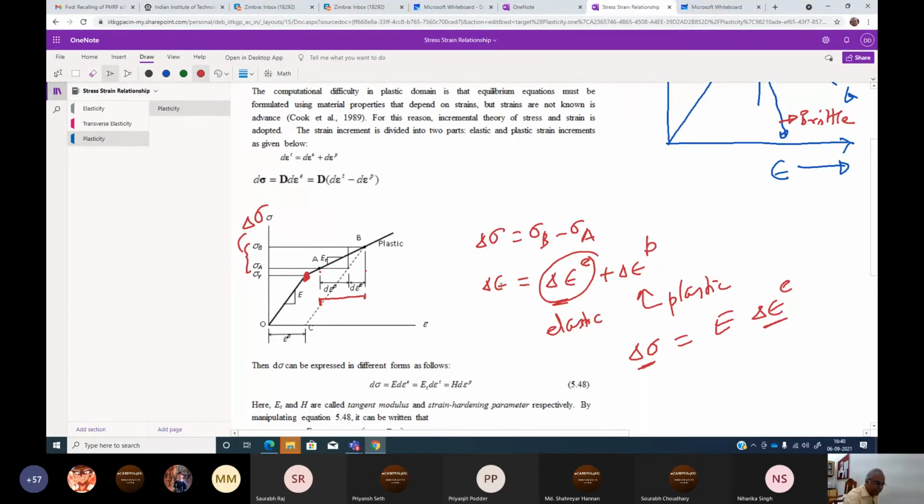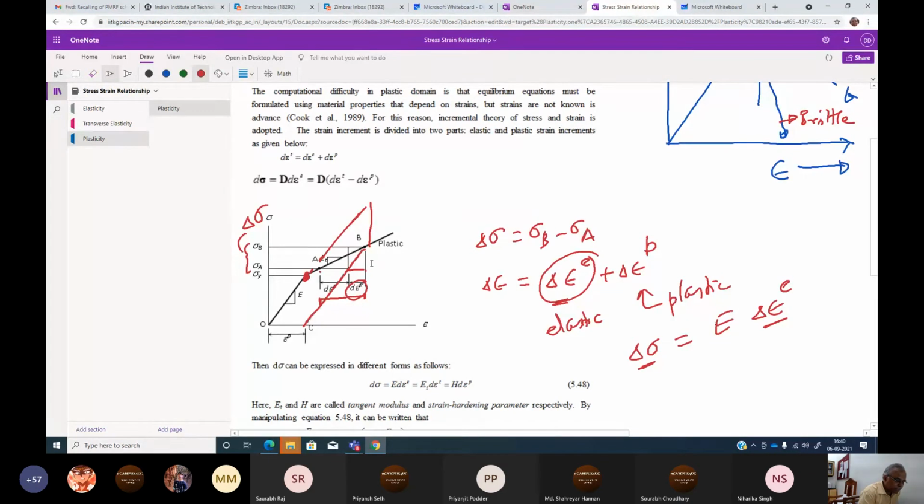Now, if I take the total one, then the stress increment will be very high, isn't it? But stress has increased only up to point B. If I take the full one, then stress would go all the way up to here. Since it's only up to B, it must be only the elastic part. So that is the part which is written here. Then I make a line parallel to this.